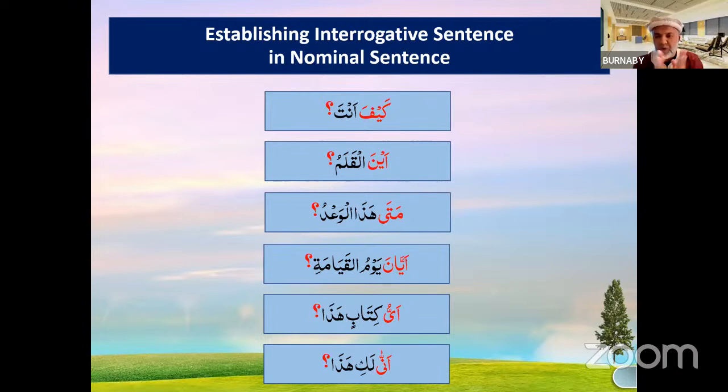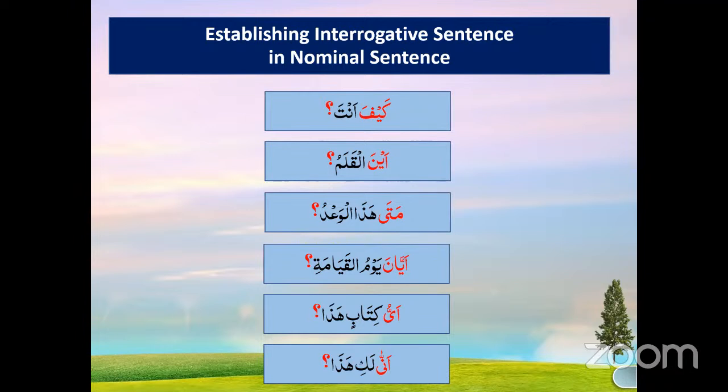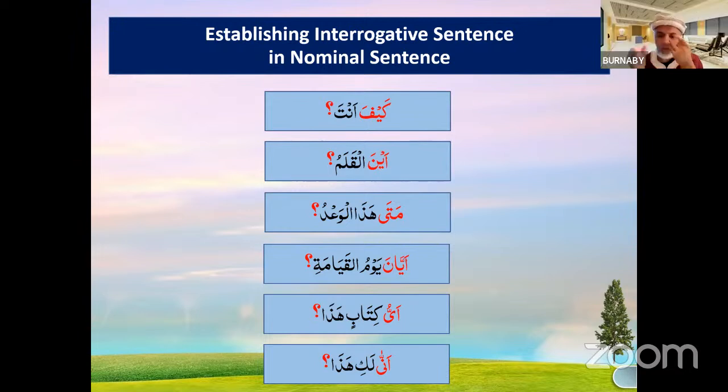So this is Murakkab Ishari. But Murakkab is always a combination of more than one. So Haza is one, al-Wa'du is one. When they get combined, they make Murakkab Ishari. Yawmu was one, al-Qiyamah is one. When they combine, they make Murakkab Izafi. Ayyu Mudaf, Kitabin Mudafun ilayh, Murakkab Izafi.